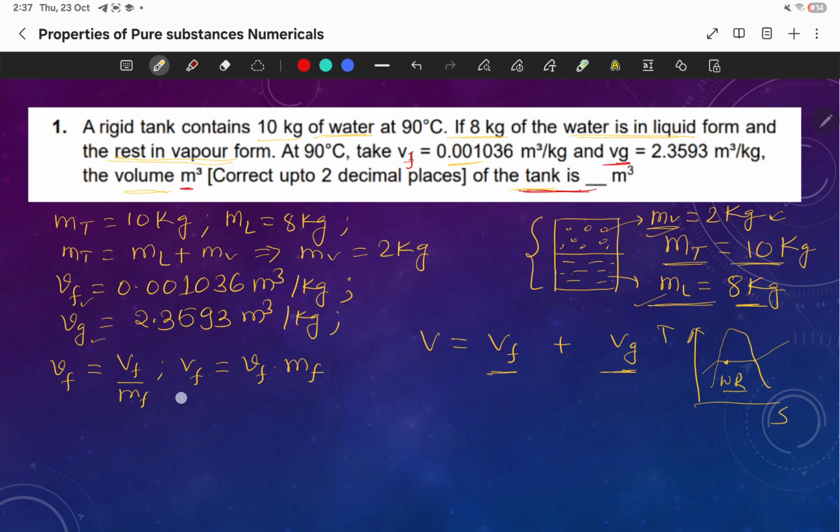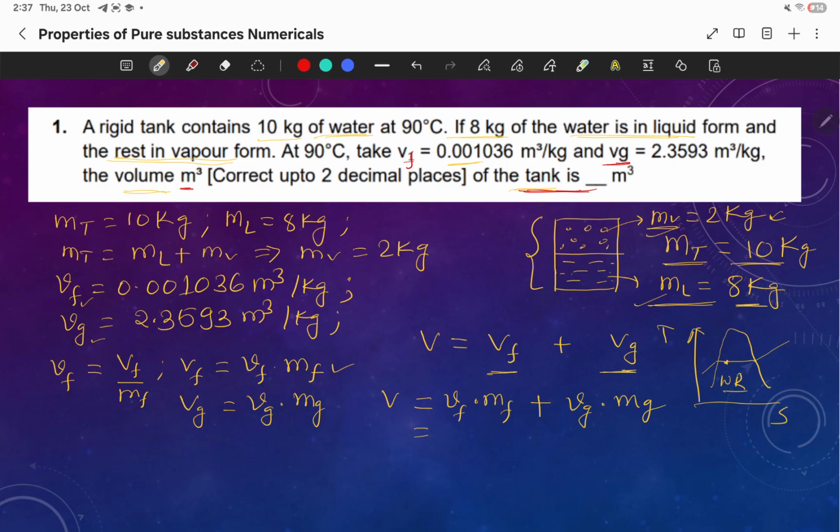And similarly, Vg into mg. So total volume will be Vf into mf plus Vg into mg. I hope all values are given in the question.